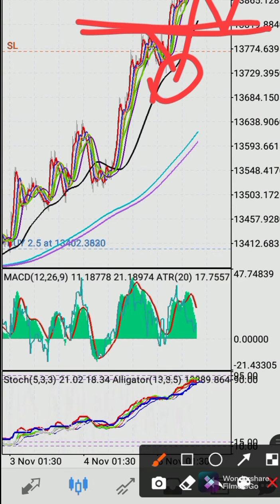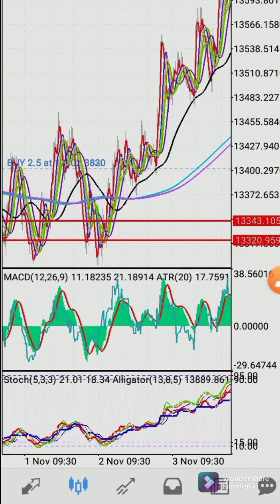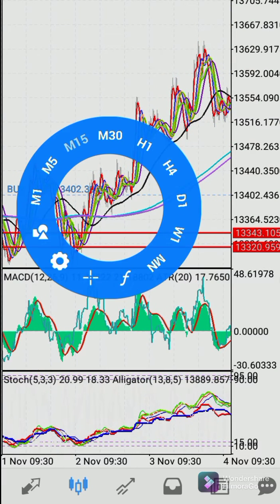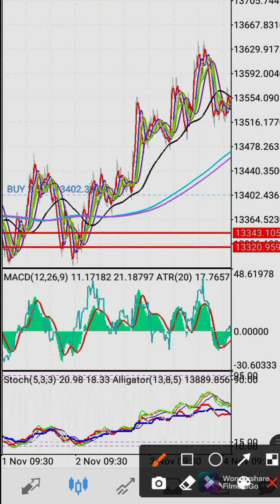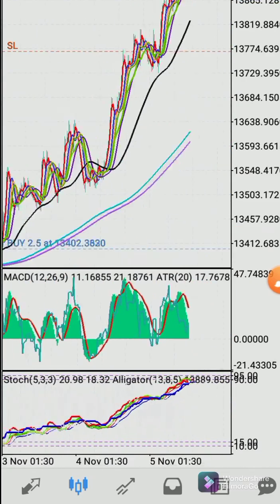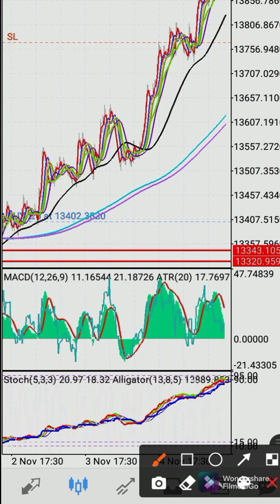So what you'll do manually is shift your stop loss towards the end of the next pullback. Let me show you what I mean.